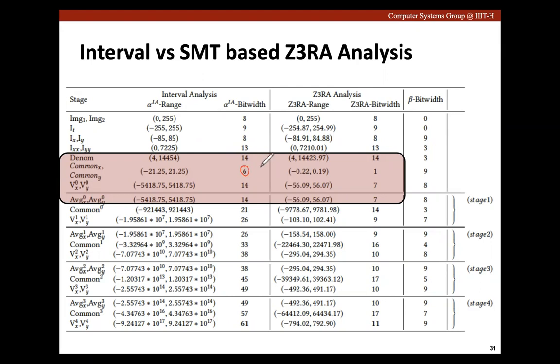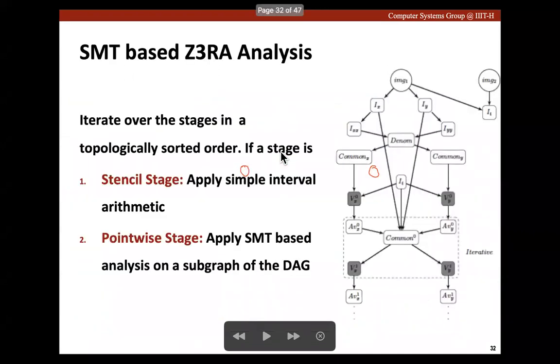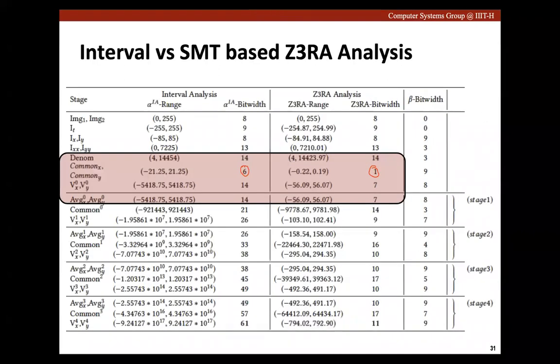The estimate of common X and common Y is 6 bits using interval analysis, because correlations are not taken care of. But here we get 1 bit, because correlations are taken into consideration. And like that, if you keep going from stage to stage.